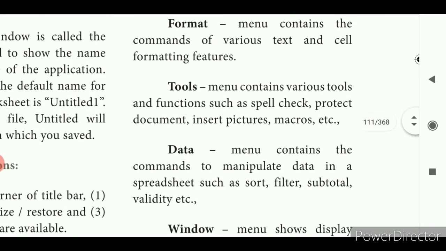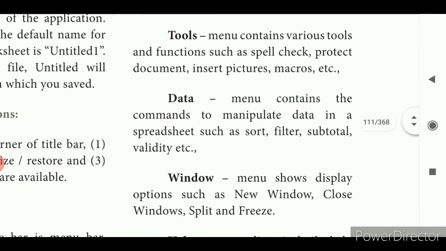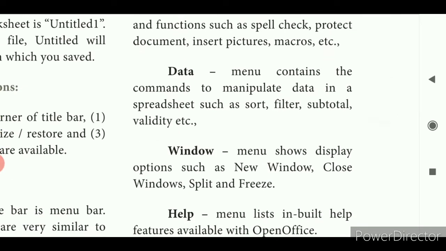Then Data. The Data menu contains the commands to manipulate data in a spreadsheet. Sorting means arranging. Filtering means giving some condition and filtering the data, for example above 80%, above 90%, below 40%. Then subtotal and validity. Then the Window menu shows display options such as new window, close window, split and freeze.